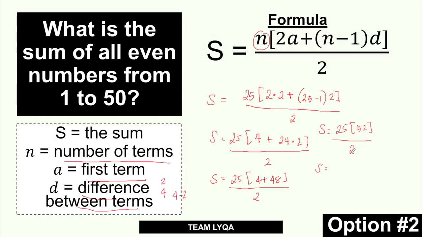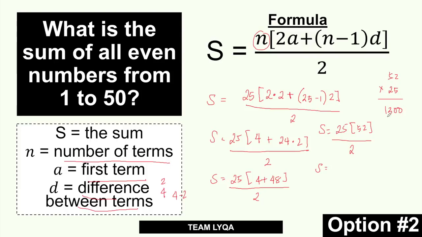So, S is equal to, and then dito na yung medyo mahaba-habang solving na magaganap. So, 52 times 25. Or actually, kasi bawat apat na 25 is 100. And sa 52, meron kang 10 apat at saka 3 pa. So, 13. So, you can actually put here na lang 1300. Or kung gusto niyo pwede rin namang manually, you can also do that, no?